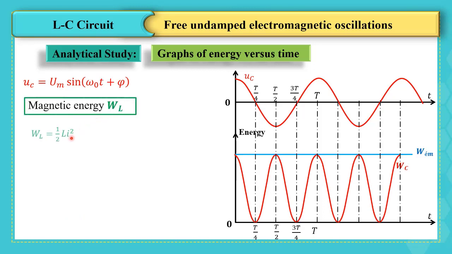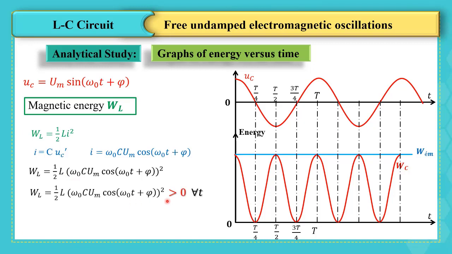Now the magnetic energy is equal to half L i squared, since i equals C UC prime, so i equals omega 0 C U maximum cosine(omega 0 t plus phi). So W magnetic will be equal to half L into (omega 0 C U maximum cosine(omega 0 t plus phi)) squared, which is also a positive value.